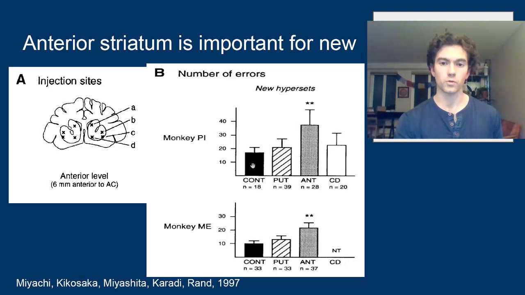When you look at the control, which is an injection of just saline, you can see that the monkeys are making somewhere on the order of about 10 or 15 errors on their way to reaching criterion. And that number just about doubles for both of these monkeys when they have this inactivation of the anterior striatum. So this area is definitely playing a role in new learning.